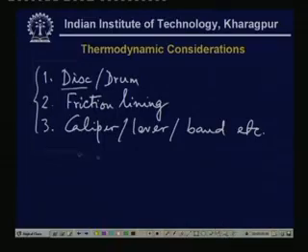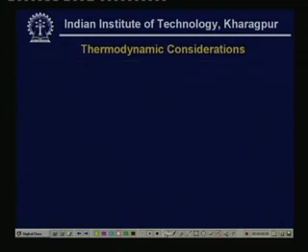We know that if delta T is the temperature rise, this is related to the total heat lost, and remember the total heat lost will be equal to the total energy dissipated.